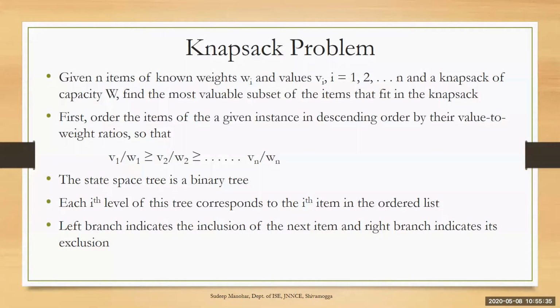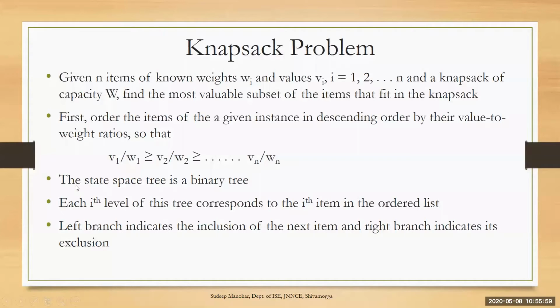The first element, V1 by W1, will have the highest value by weight ratio, greater than the next item, which will be the next highest, and likewise it is sorted in descending order.